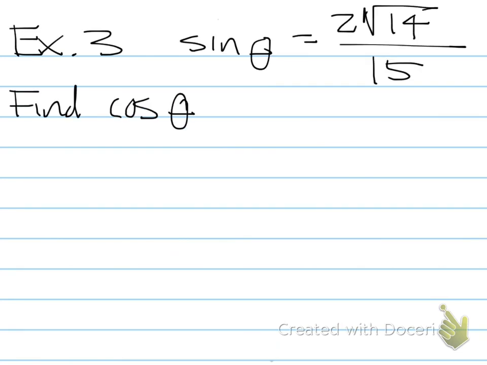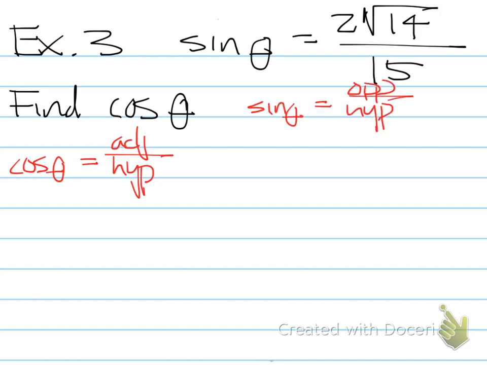All right, for this one, we're told sine of theta is equal to 2 root 14 over 15. I want to find out what cosine of theta is. Now, cosine is adjacent over hypotenuse, and sine is opposite over hypotenuse.